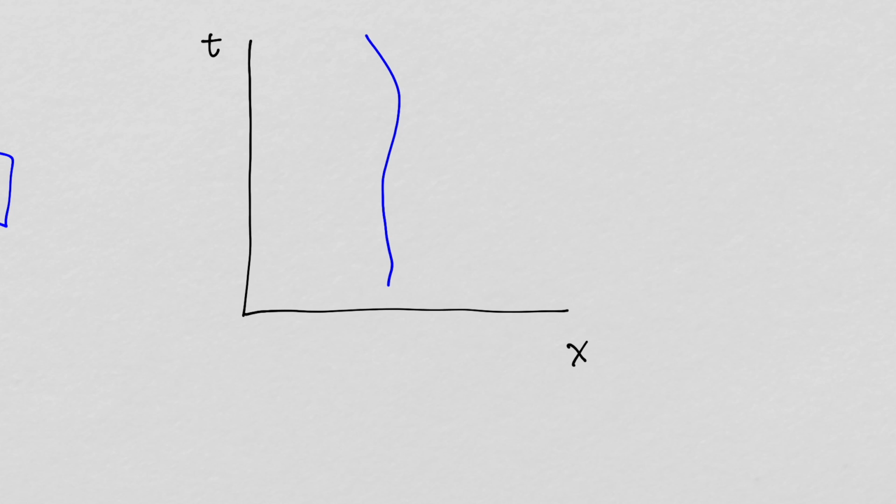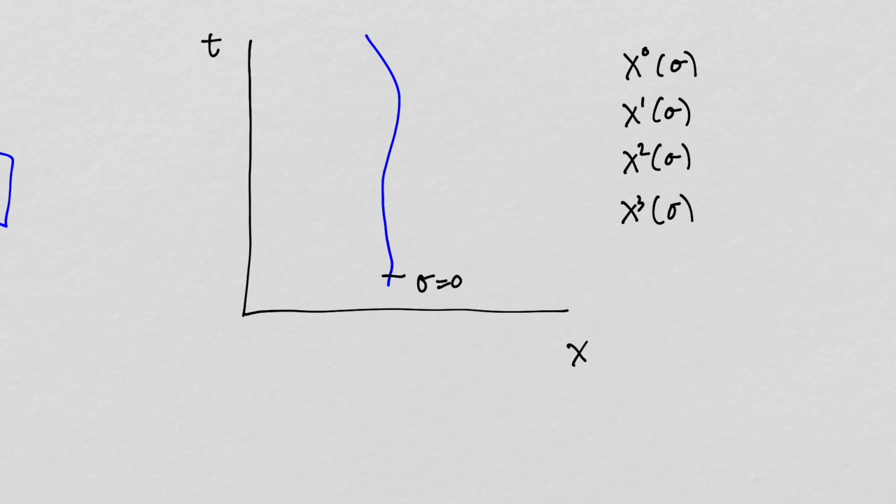Now that path is given by 4 functions: x^0 of a parameter sigma, x^1 of sigma, x^2 of sigma, and x^3 of sigma, right? So sigma parameterizes where you are on this path. So you might say sigma equals 0 here, and sigma equals 1 there, and this could be the start, and this could be the end of the integral, right?